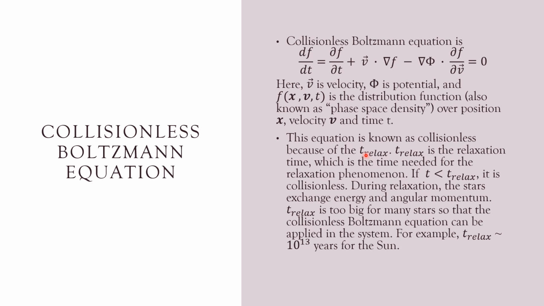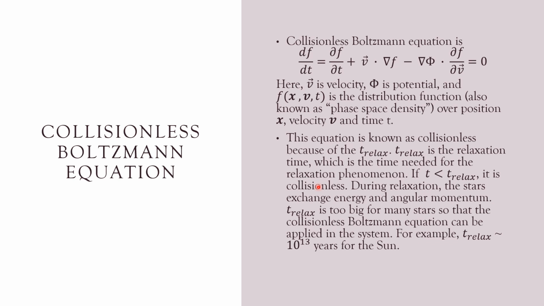For instance, consider our Sun, which has a relaxation time of approximately 10 to the 13 years. The term collisionless signifies that the system's typical relaxation time is much longer than the timescale of interest. That is why this equation is known as collisionless.